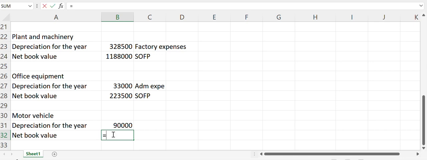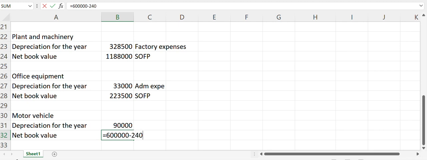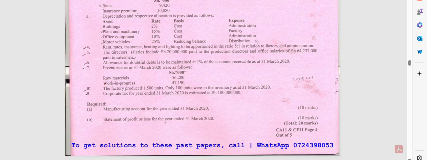90,000. So for net book value, then we are going to take the cost, which was 600,000. We subtract the accumulated depreciation, which was 240,000. Then you also subtract the depreciation for the year, which is 90,000. So that is going to be recorded under, they told us motor vehicle is going to be recorded under what?